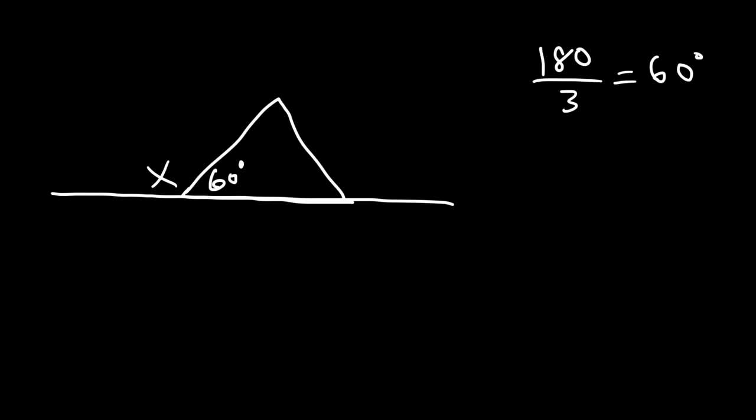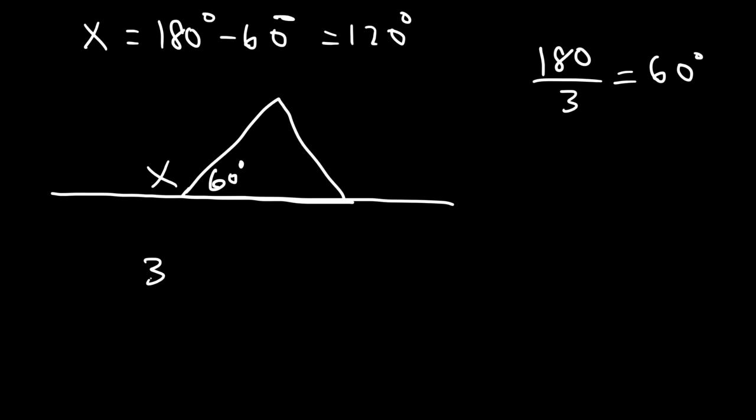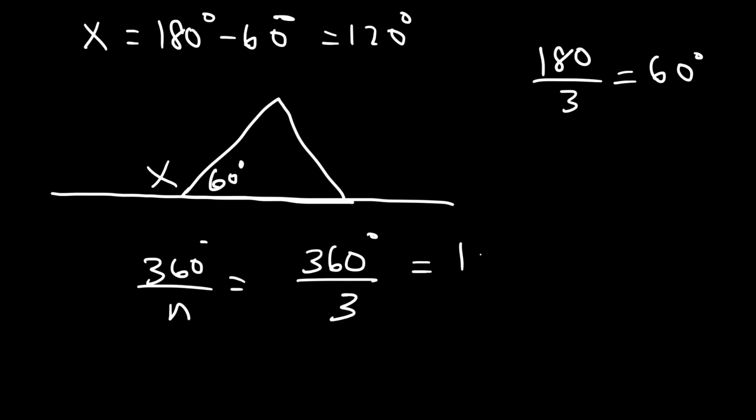So the exterior angle is going to be 180 minus 60, which in this example is 120. Or we can use this formula, 360 divided by n. So 360 divided by 3 is 120. And so you have two ways in which you can determine the measure of an exterior angle.